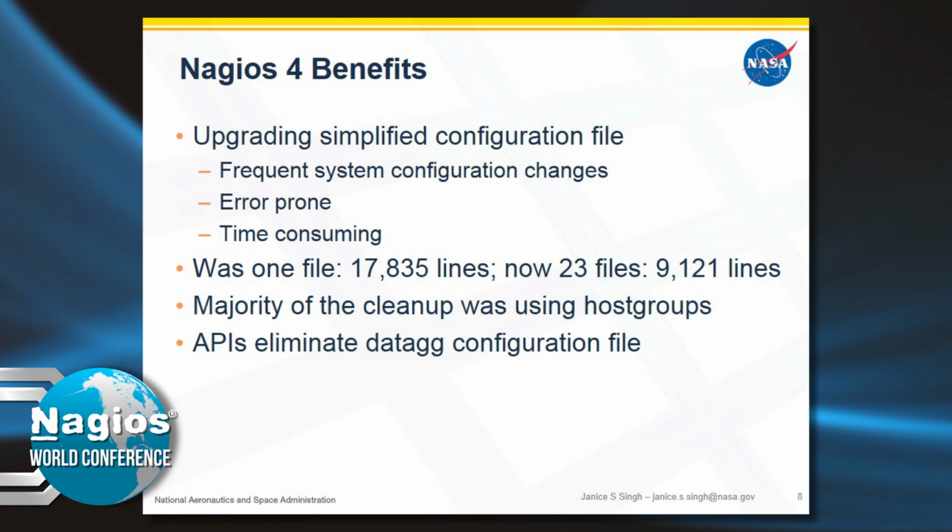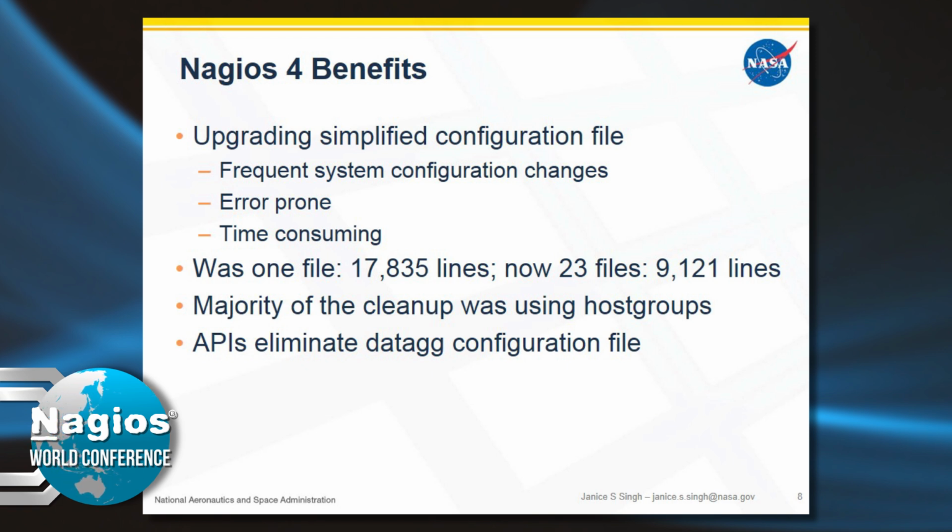So we knew that we needed to change that, and we had different ideas we were working on last year. Then I came to the conference and found out that their APIs were coming and decided to change our focus and do it that way. For multiple reasons I don't really want to get into, we skipped Nagios 3 and went straight from 2 to 4.